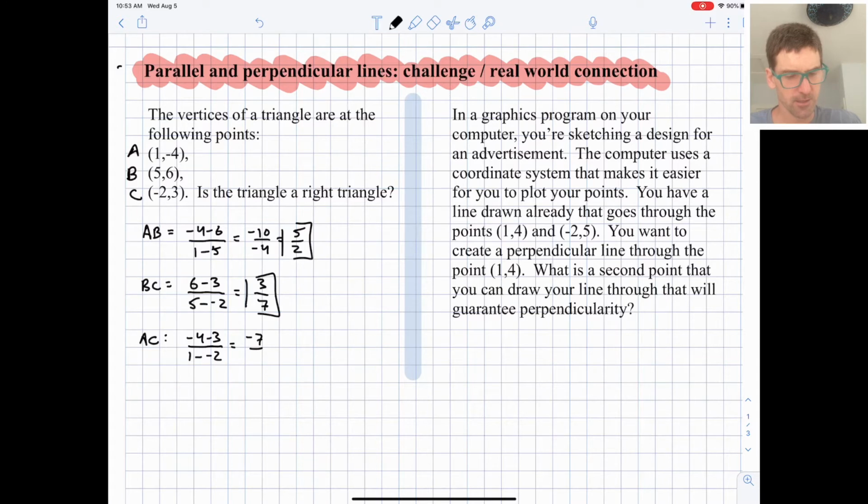Negative 7, 1 minus a negative 2 is 3. Aha, look what we got. So these 2 are perpendicular. We have a 3/7 and we have a negative 7/3, and our symbol for perpendicularity is that upside down capital T. So is the triangle a right triangle? Yes, it is.